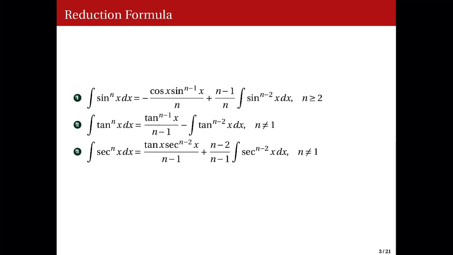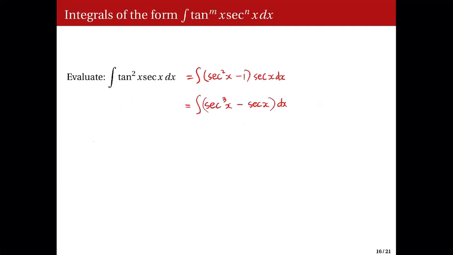So for this one, we will have tangent x secant x over 2, plus 1 over 2 the integral of secant x dx.